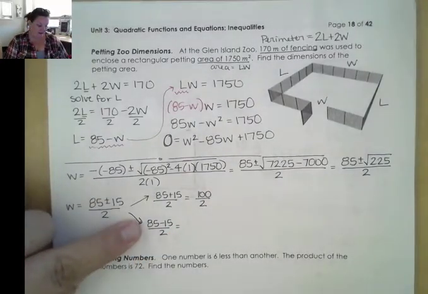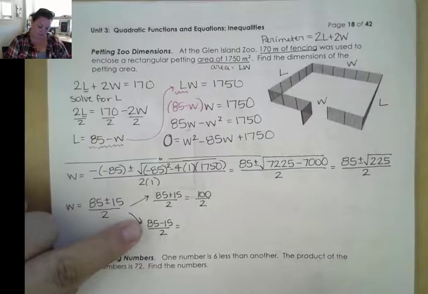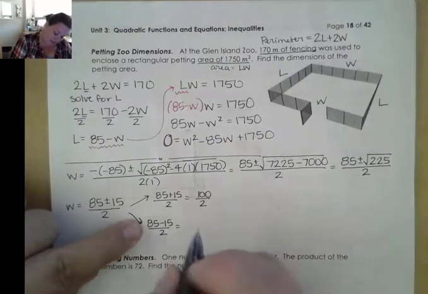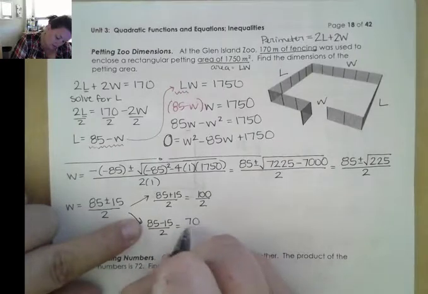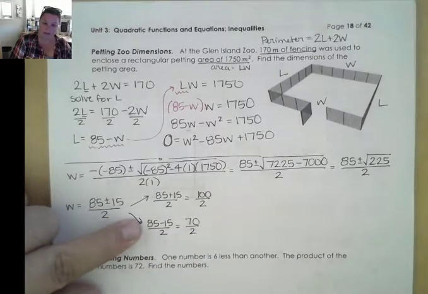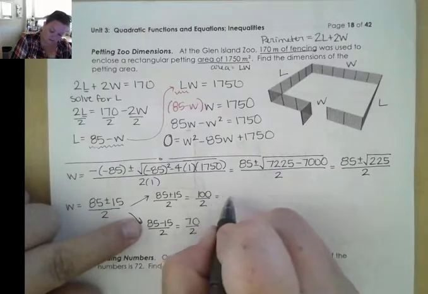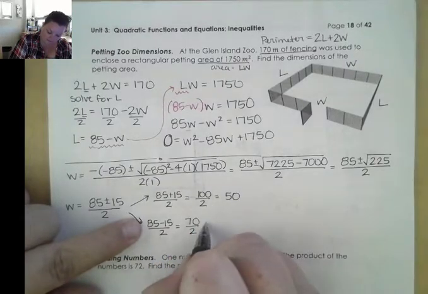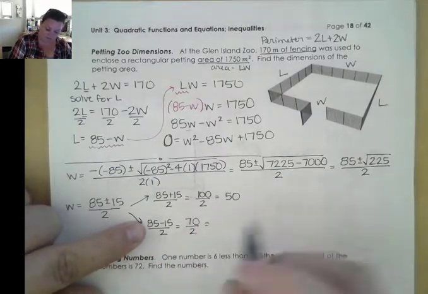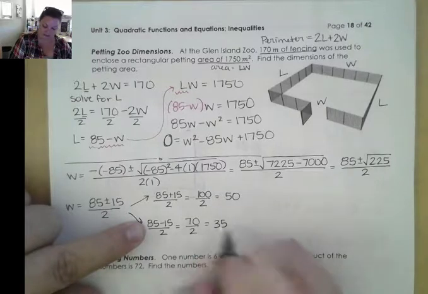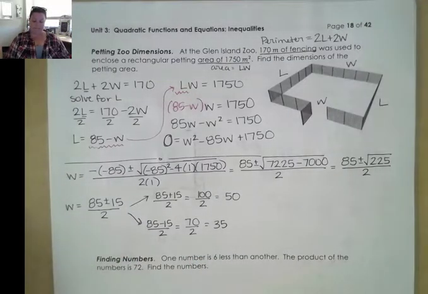And 85 minus 15 gives me what? 70 over 2. And then we just reduce each piece. So this becomes 50. And this one becomes 35, right?